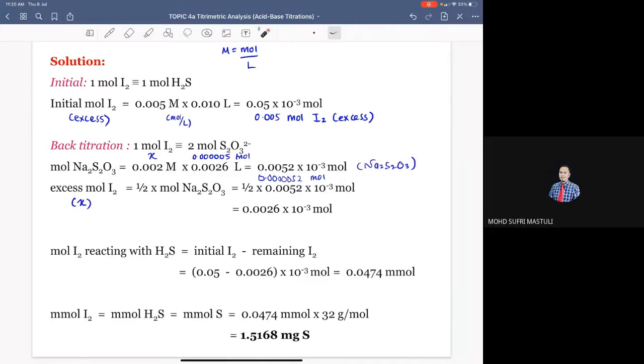So cross multiplication: the mole of thiosulfate times 1 divided by 2.